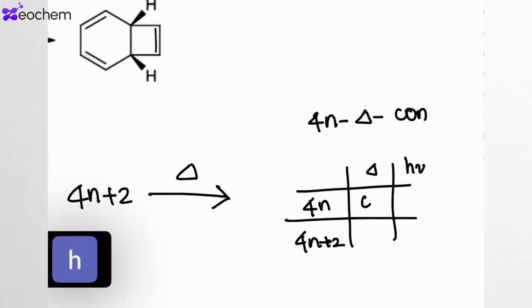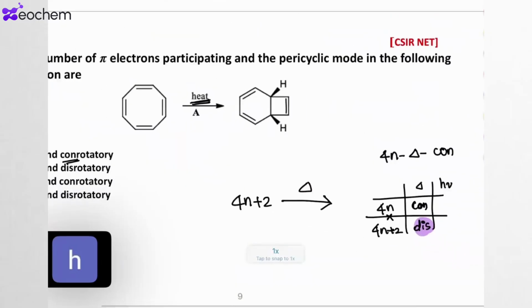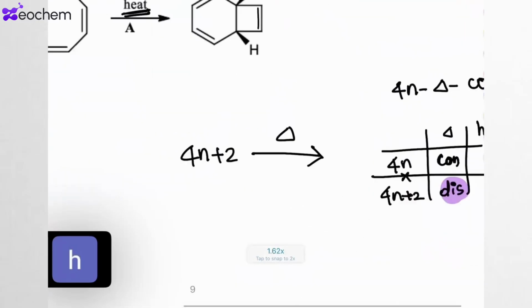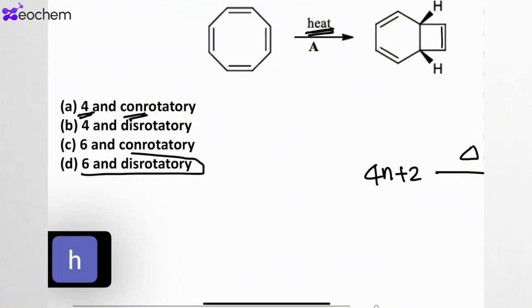We know 4n delta is con. So if 4n delta is con, 4n plus 2 delta will be the opposite of this. It will be this. So this question is so straightforward. It is so easy. So we got it as this. So this is the answer.